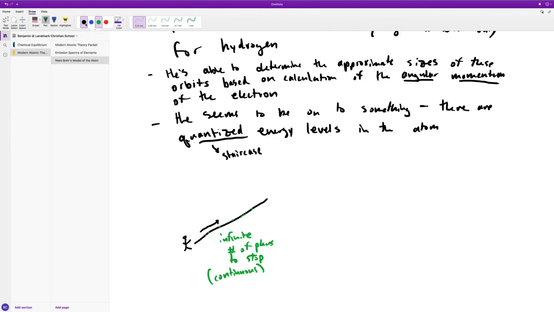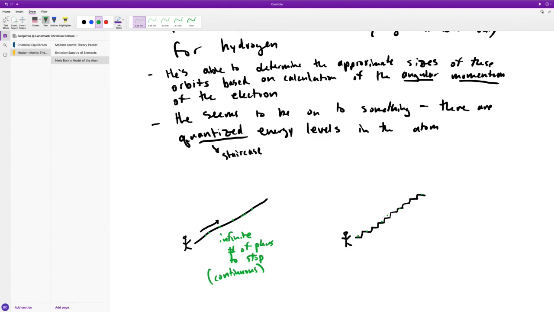But if you have a staircase, right, and you're walking up the same height, there aren't really an infinite number of places you can stop. If you're down here, and these, of course, are some really big stairs, you have to kind of hop up. There's not an infinite number of places you can stop. You know, if you're going to stop and rest for a moment, you have to be on a step. It's got to be somewhere on one of these steps. You can't stop here, for instance. It's not a stable position.